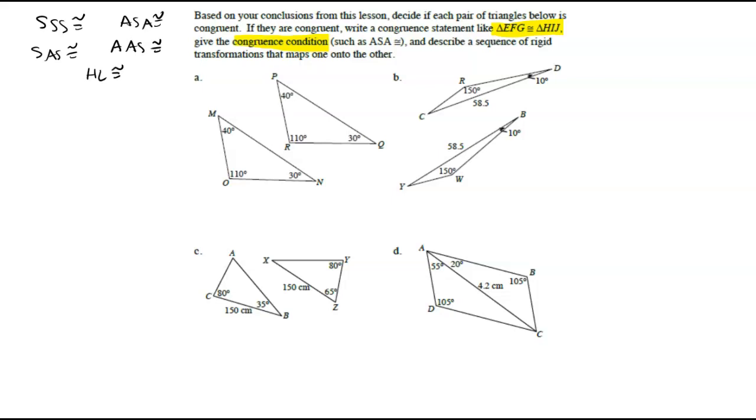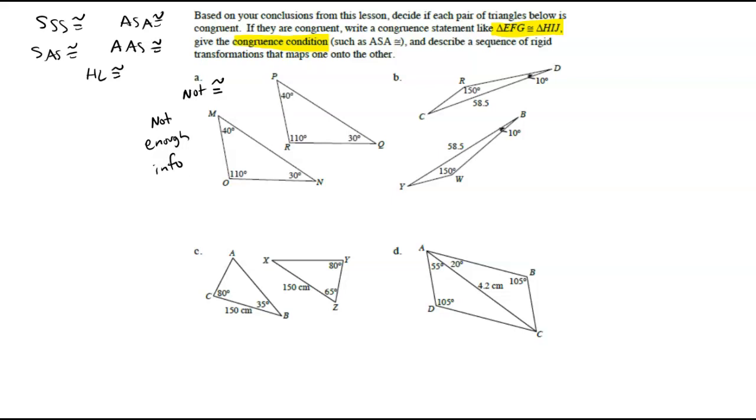Unfortunately, I'm not given anything with AAA. So this one is not congruent. There's not enough info. We need to know at least something about our sides, so we can't say that.